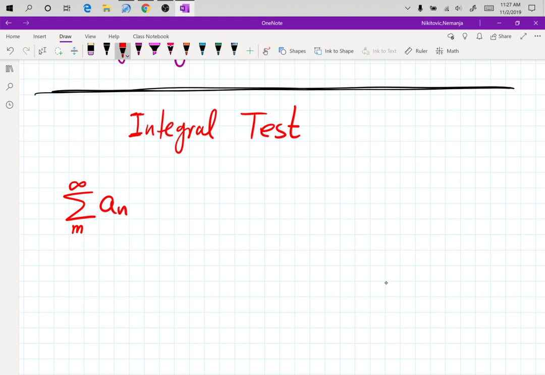Now, what's happening? First we'll say let a_n be transferred into f of x.